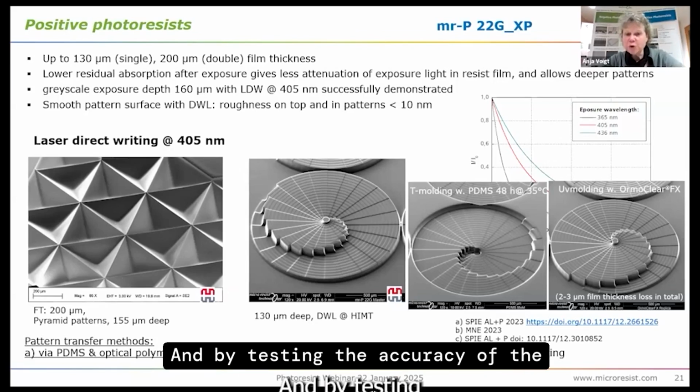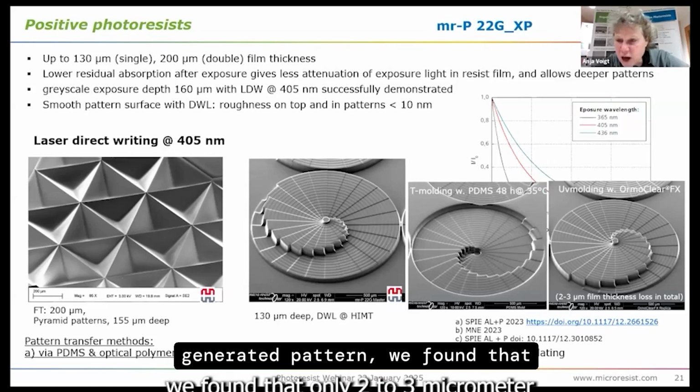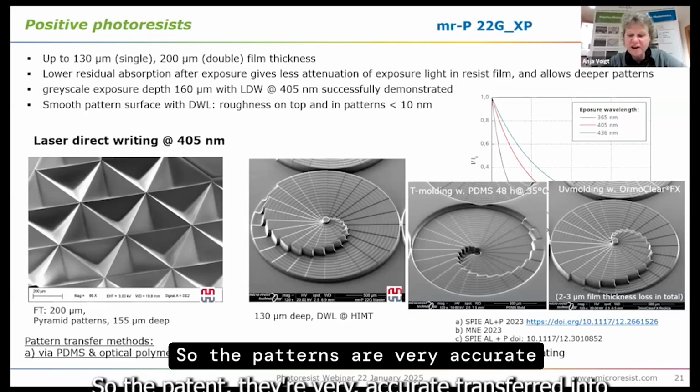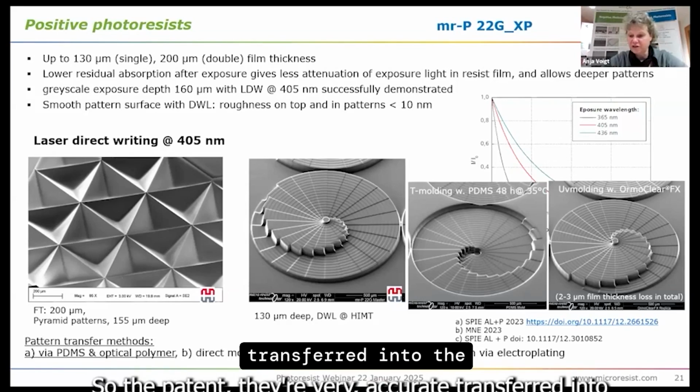By testing the accuracy of the generated pattern, we found only 2 to 3 micrometer film thickness loss in total. So the patterns are transferred very accurately into the final optical polymer.